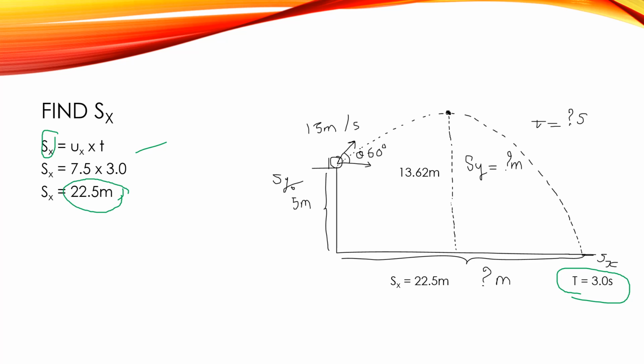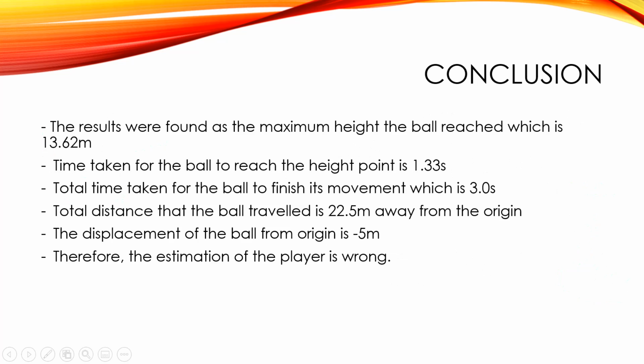That means the ball hit back to the ground at this point is 22.5 meters. That's it. And now go back to the assumption of the player. The result was found as the maximum height the ball reached, which is 13.62 meters.